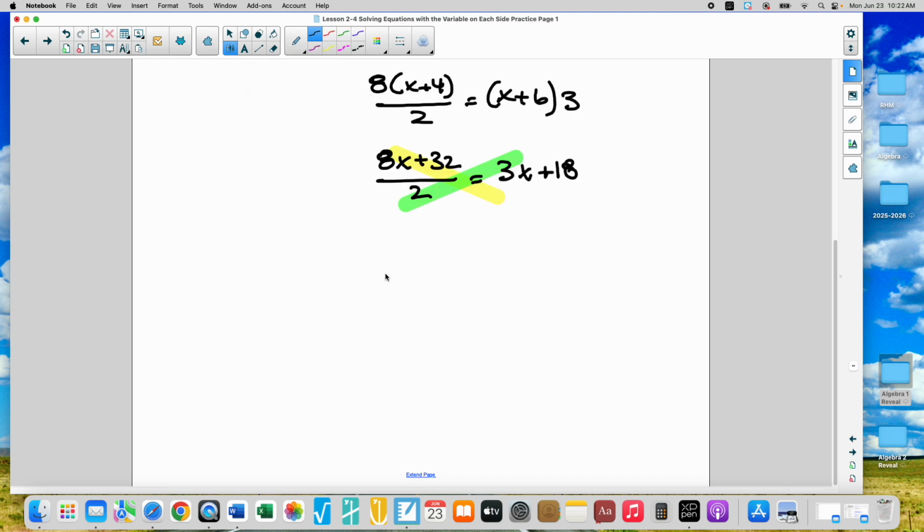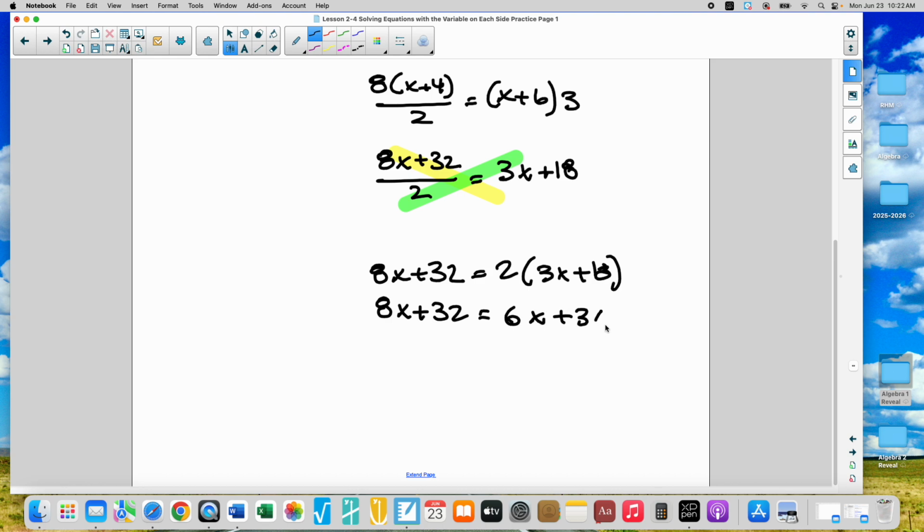So cross product: 8x plus 32 times the 1, which doesn't change it, and then 2 times 3x plus 18. That gives 8x plus 32 equals 6x plus 36, because 18 times 2 is 36.